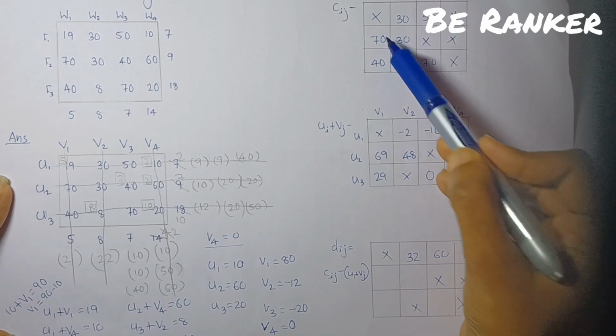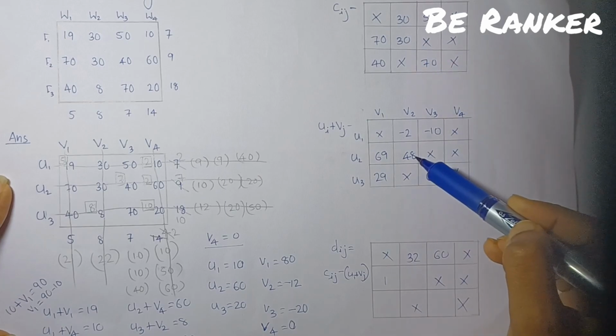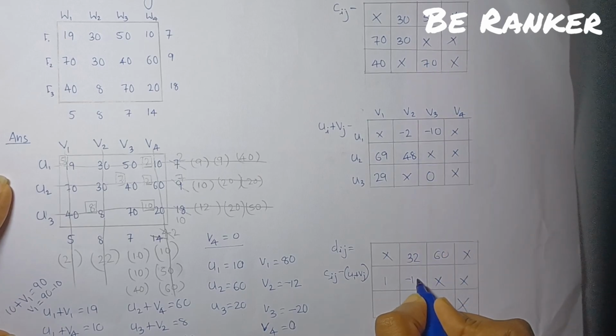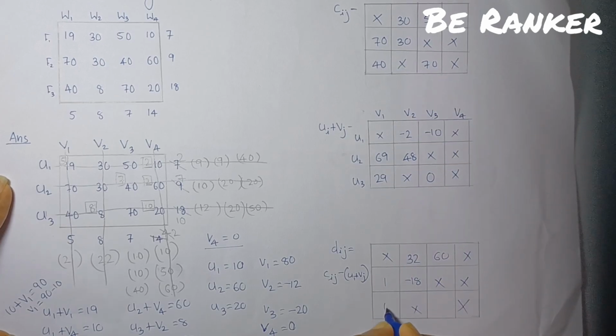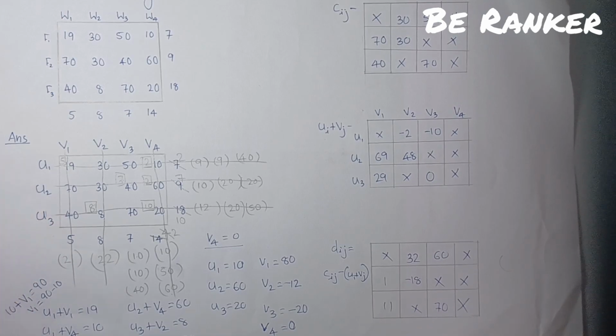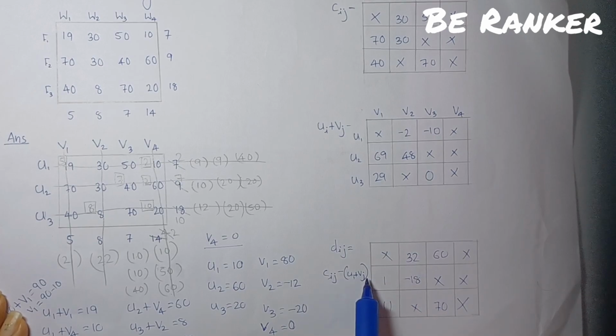Then 70 minus 69. That is 1. Then 30 minus 48. That is minus 18. Then in the last row 40 minus 29. That is 11. And the last one 70 minus 0 is equal to 70. Like this, I find the Dij box. That is Cij minus Ui plus Vj.